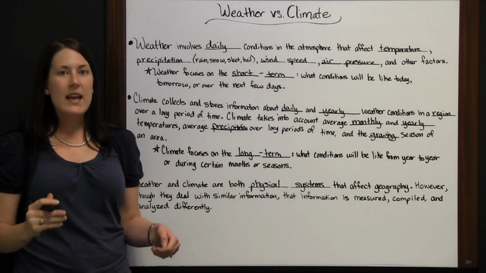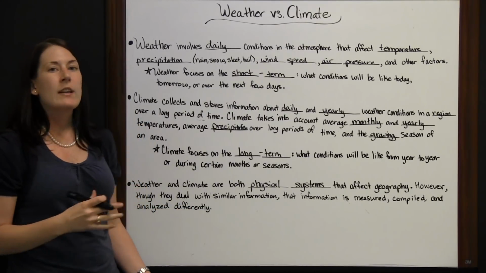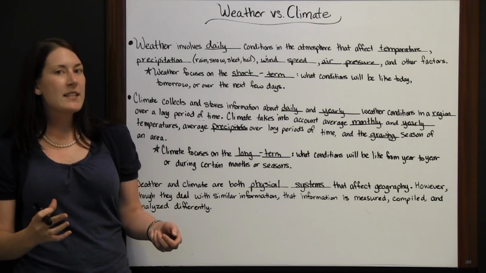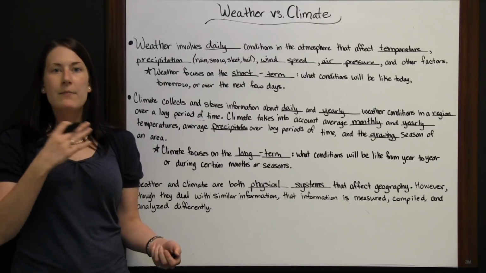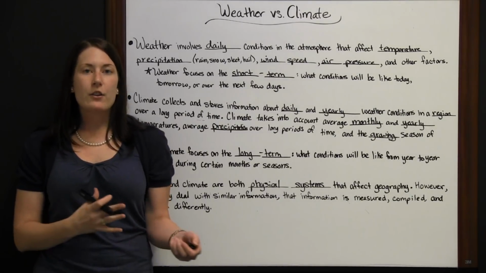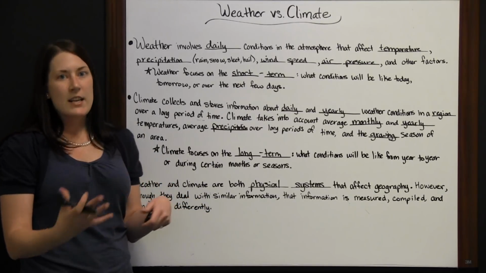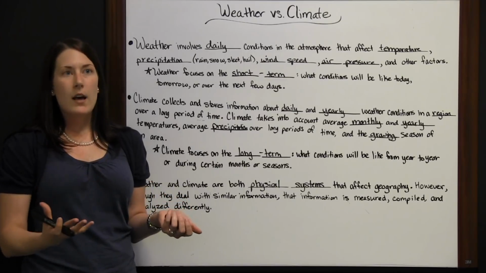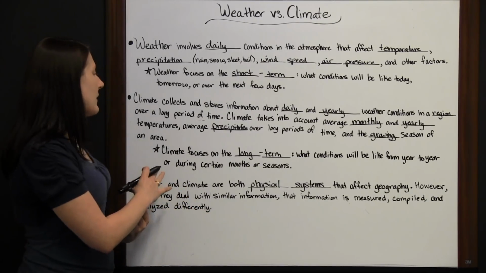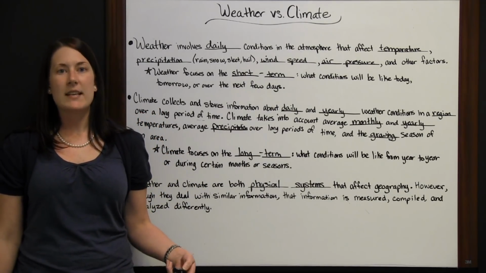Is it happening today, tomorrow, in a 10-day forecast? Climate is going to be more long-term. Is it going to happen this way every season, every year during the winter? Is it going to be about this temperature? Is our growing season always going to be about this long? Will it always be sunny during this time, or light during this time and dark during this time? So the climate is going to focus more on long-term, where weather is going to focus more on short-term, day-to-day.